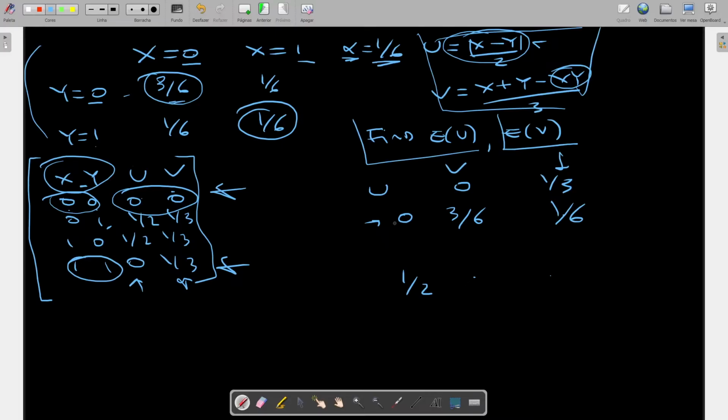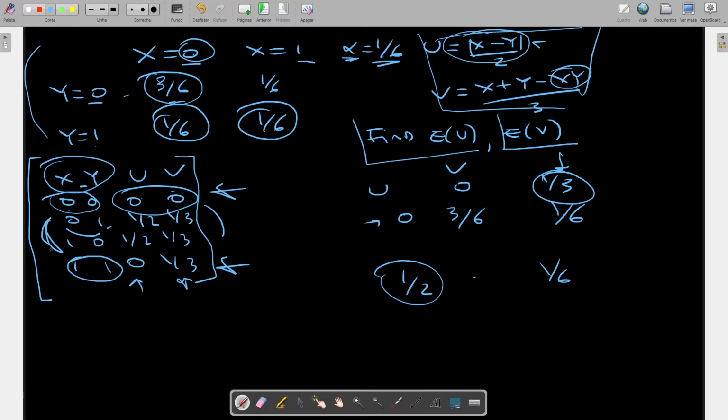And the other entry: what is the entry where u is 1/2 and v is 1/3? Notice that we have two situations here. In this table, we have the situation where you have 0 and 1, so it's 1/6.